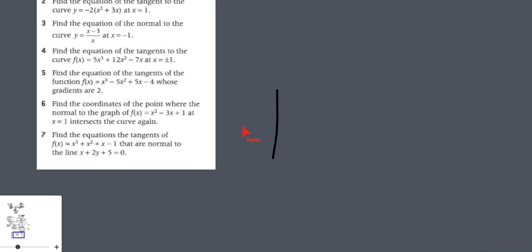My tablet lost internet, sir, so I'm trying to draw with my cursor. Okay, so this happens to be something like this, and then at x equals 1, it's over here.